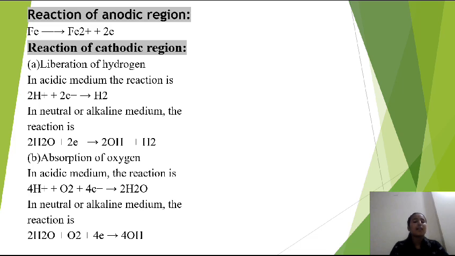Absorption of oxygen: in acidic medium, the reaction is 4H+ plus O2 plus 4 electrons gives 2H2O. In neutral or alkaline medium, the reaction is 2H2O plus O2 plus 4 electrons gives 4OH-.